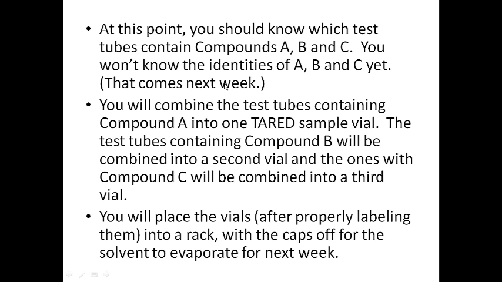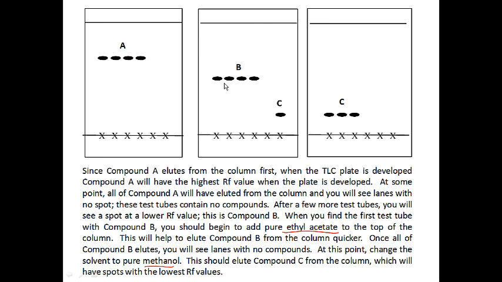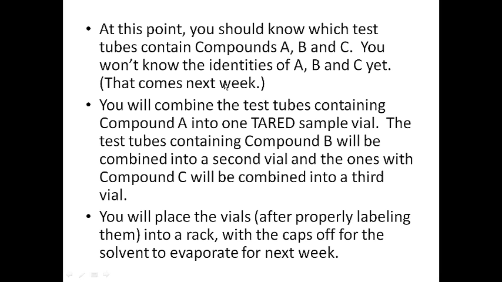Okay, so at the end of the experiment, you should have compounds A, B, and C in test tubes, and you should know which test tubes contain A, B, and C, or if you have mixtures, which test tubes have the mixtures, by looking at your developed plates. So what we're going to do is combine the test tubes. What I mean by combine the test tubes is pour the solutions from each of those test tubes into a tared sample vial.